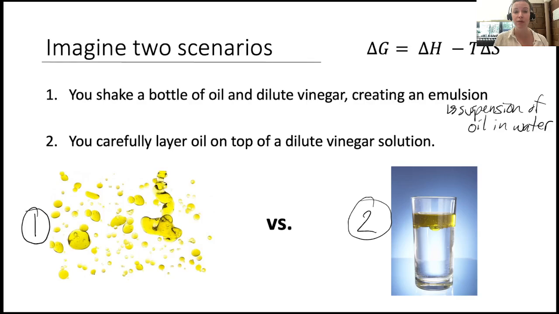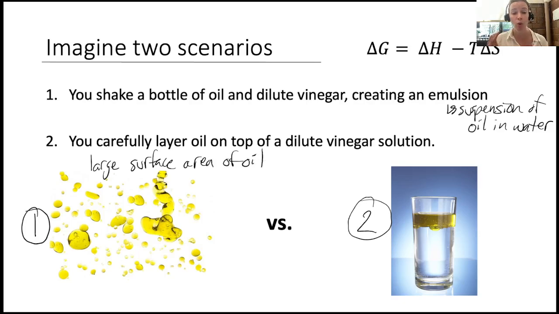So what happens, folks, is that emulsions become layers over time to decrease the interaction between water and oil. On the left-hand side, we have a large surface area of oil.